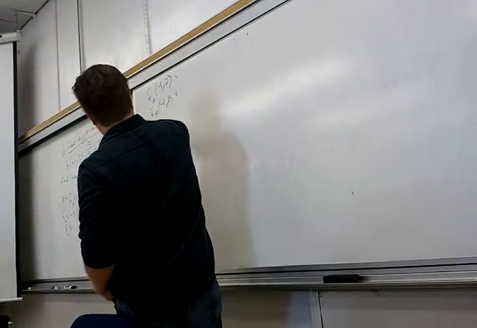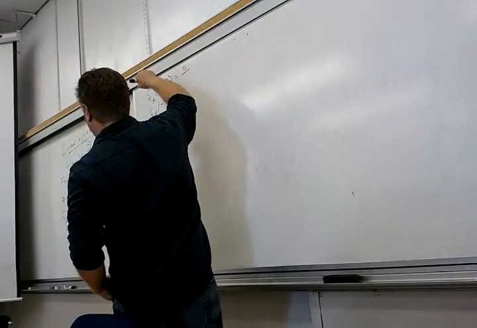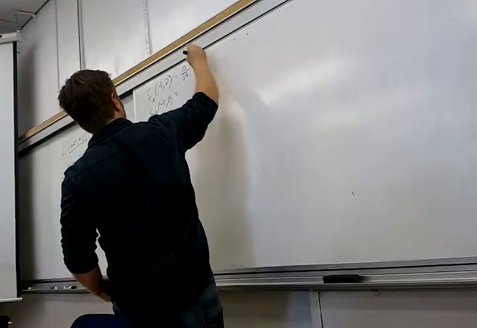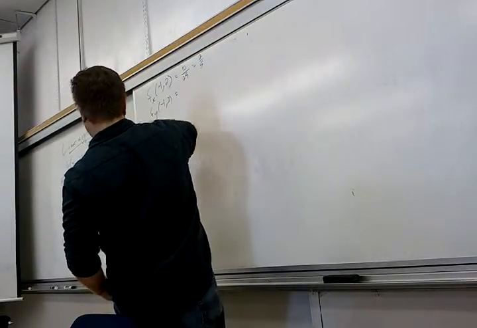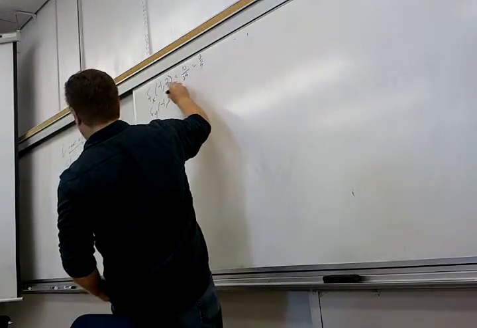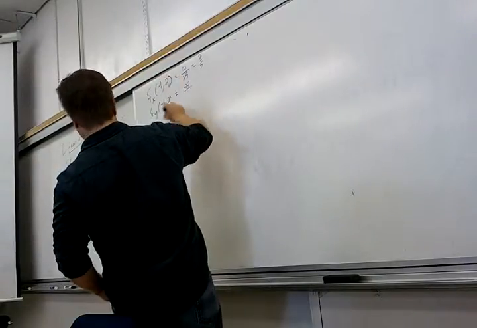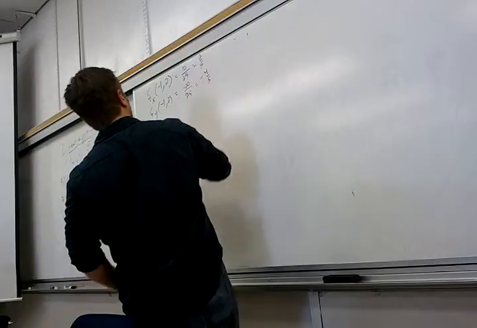f_x will be 10 over 25. So 2/5. And f_y will be, where am I at? Oh yeah, that's right. So -20 over 25 again, negative 4/5.